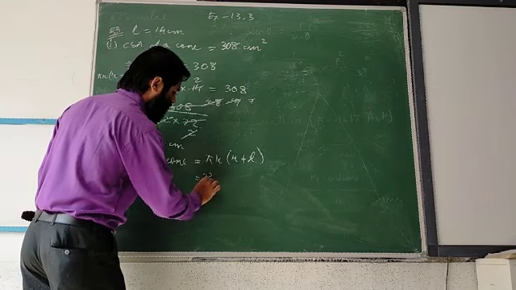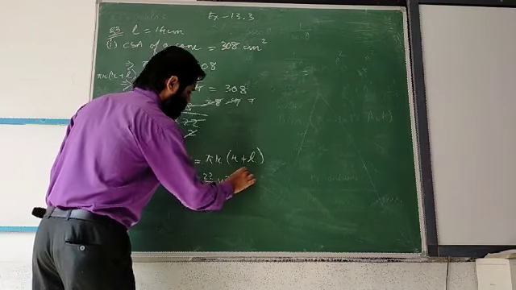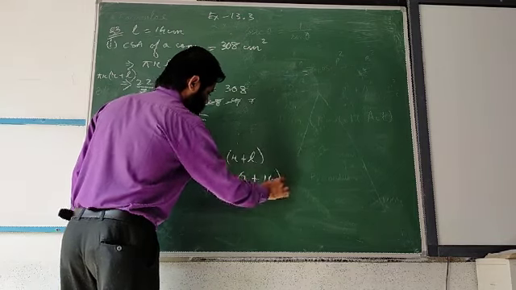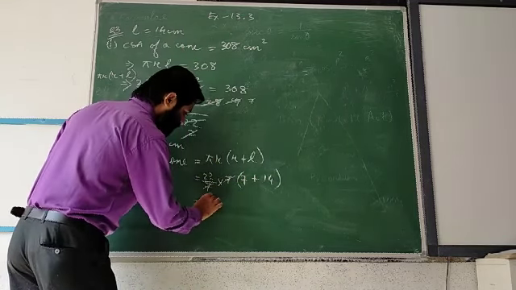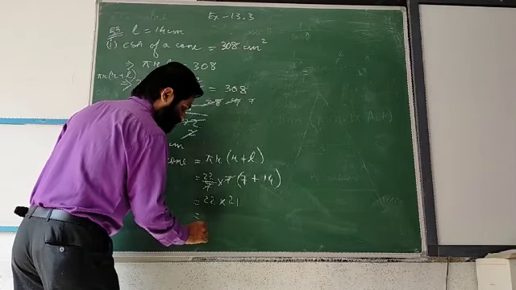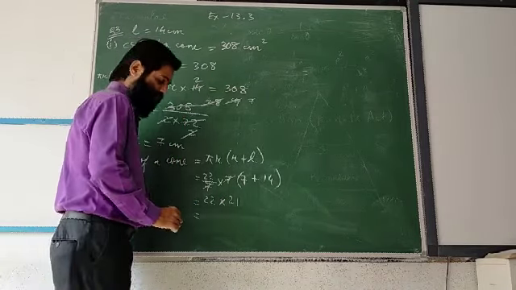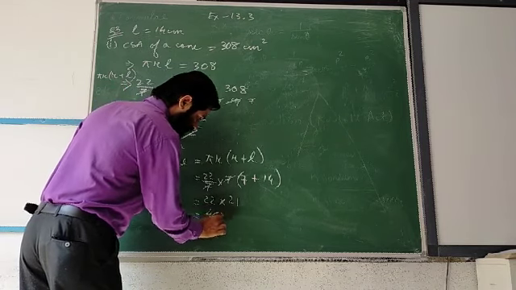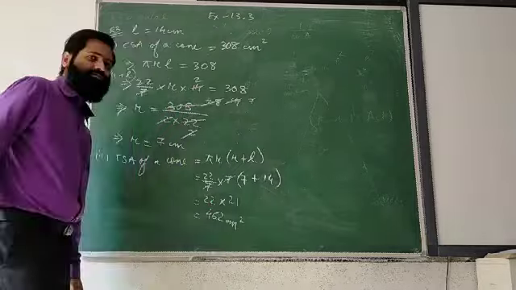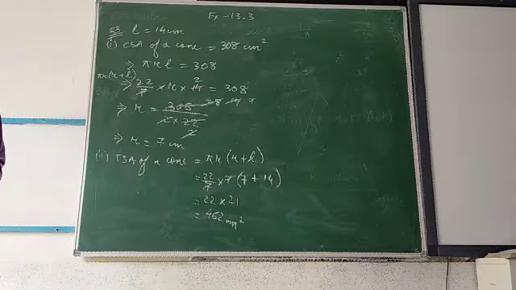Pi is 22 by 7. What is r? 7. So 7 plus 14. 7 and 7 cancel. 22 into 21, 462. 462 centimeter square. That's all.